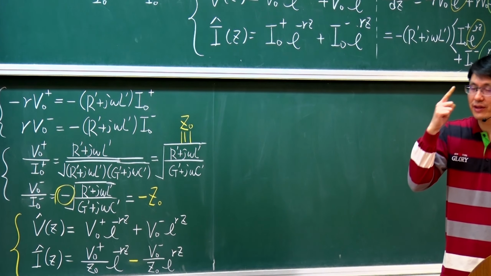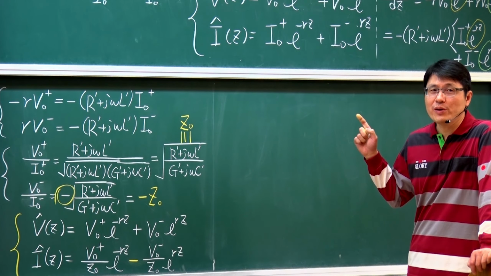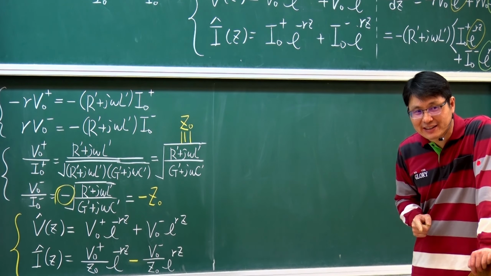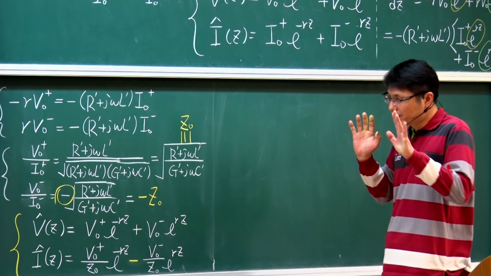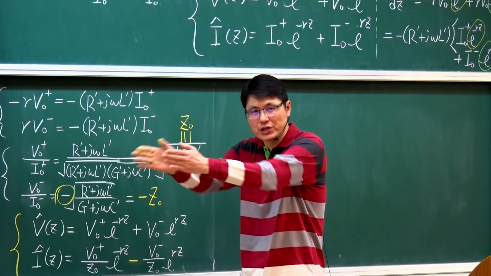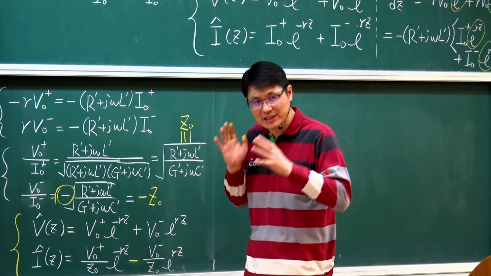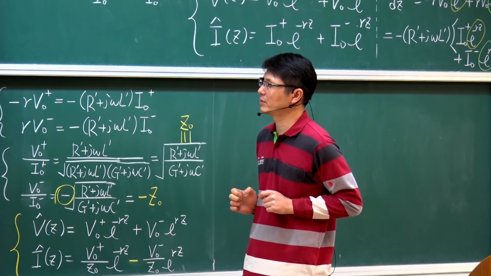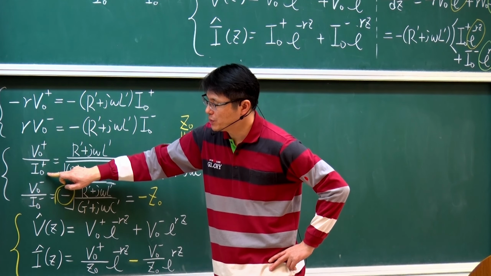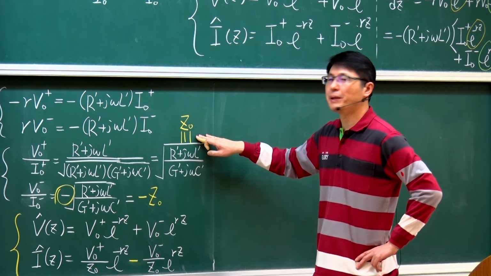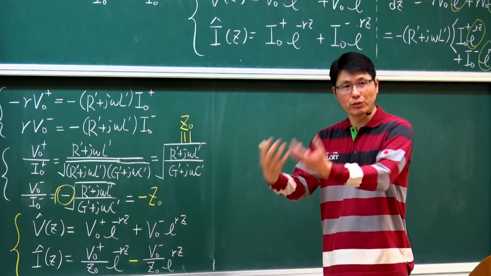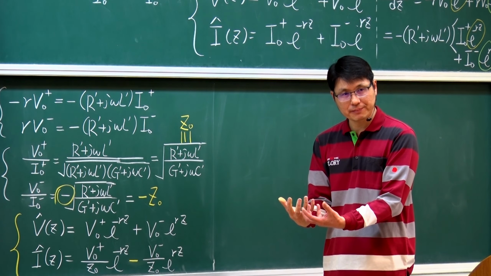Now you have to think: how can impedance take a negative sign? What I'm saying is, on the same transmission line, the ratio of V0 plus to I0 plus will be equal to Z0. These are determined by the transmission line.